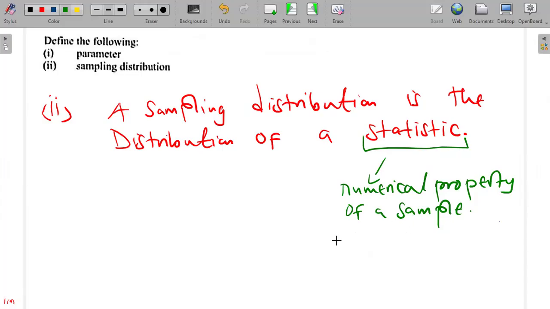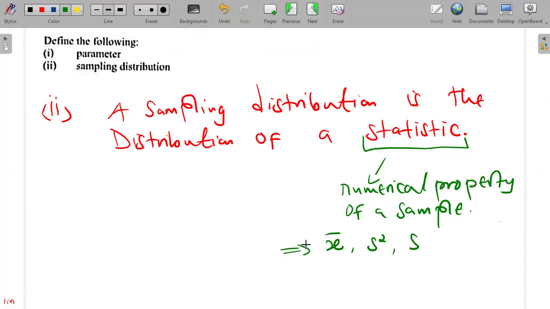For example, the sample mean is represented by X bar, the sample variance would be S squared, and the sample standard deviation will be S. These are some of the common statistics that we have. So this sampling distribution will just be the distribution of a certain statistic that you're talking about. Later on you get to know, if we are talking about the distribution of a sample mean, we'll get to understand these things more.